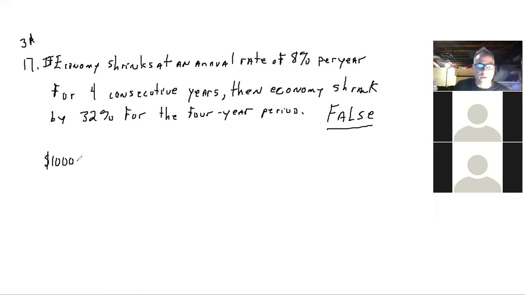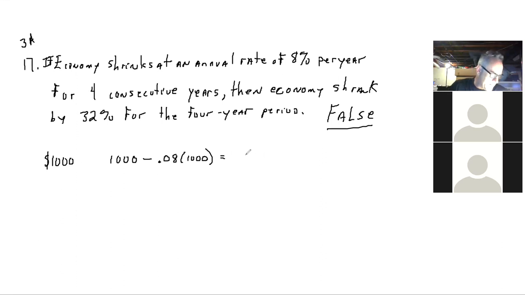All right. And so it's going to shrink, in this case, 8%. To figure out how much that is, put the percentage as a decimal, 0.08, times our economy. Whatever this number is, you're going to take that away from 1,000. That is, you're going to take away 8% of 1,000, get that number, and take it away from 1,000.